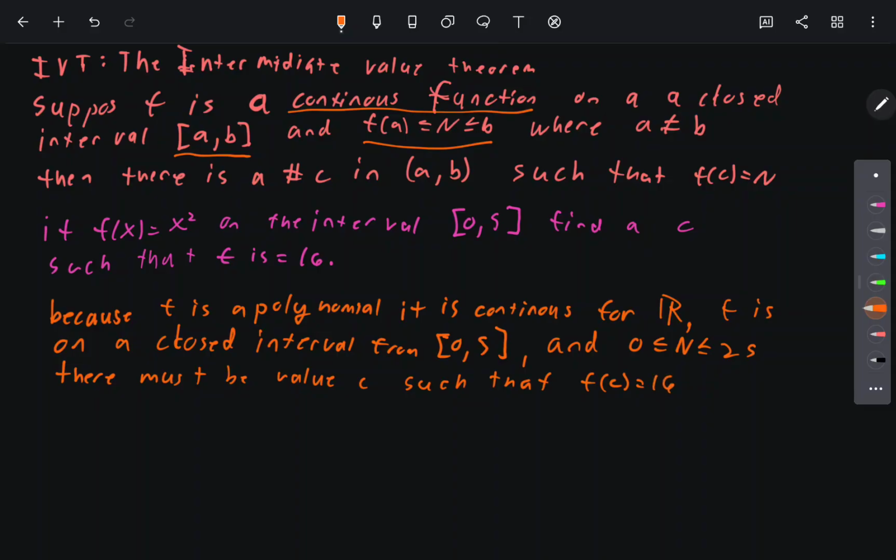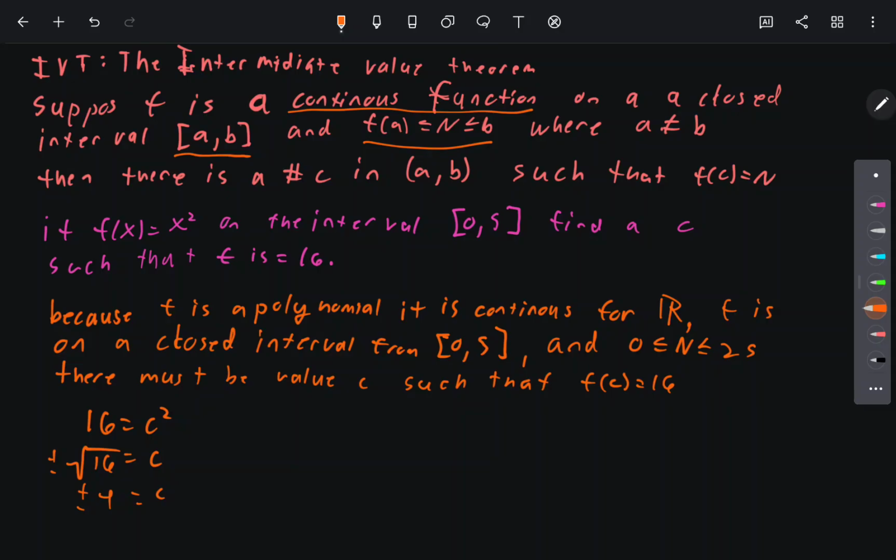Well, we know that since we're just plugging in c, we can say that 16 is equal to c squared. Take the square root of both sides, and we get a plus or a minus square root of 16. So c must be plus or minus 4.